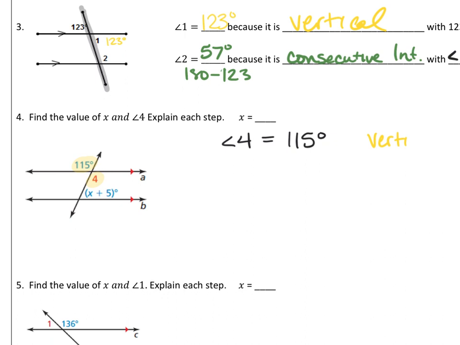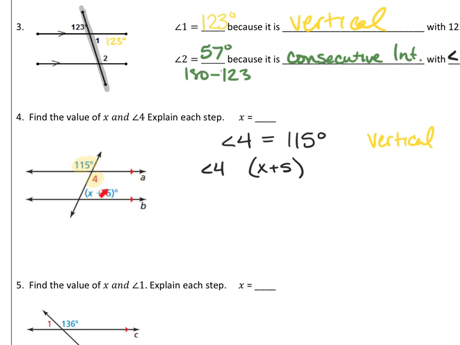That's why we know this. The next thing we know is that there is a relationship between angle 4 and this x plus 5. What is the relationship between these two angles right here?